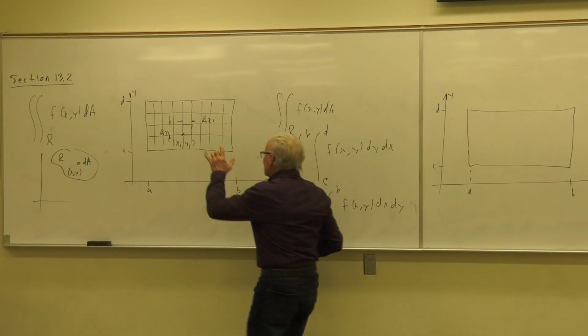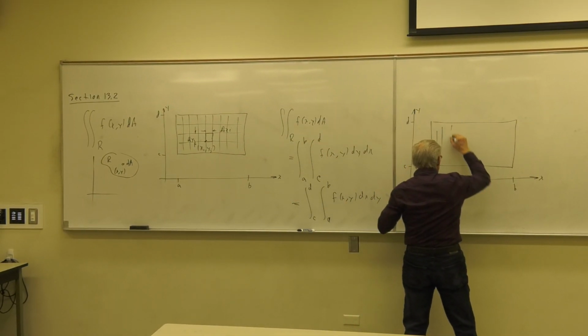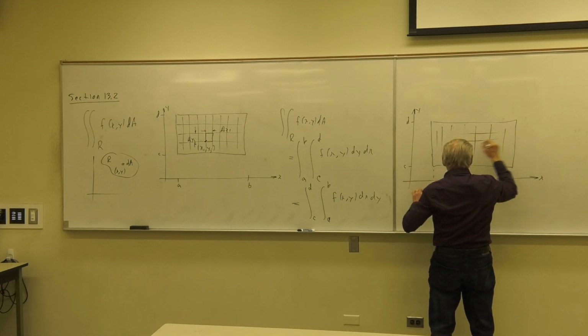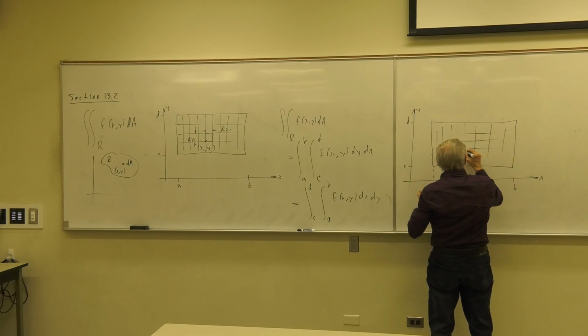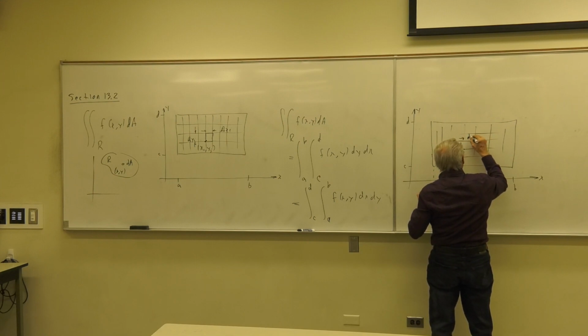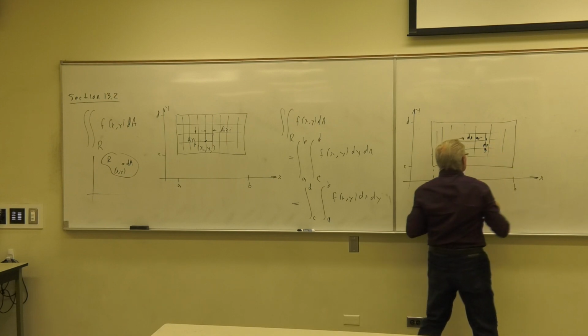I'm going to think of this rectangular division. I'm going to think that we've got all these vertical lines, we've got all these horizontal lines, dividing it up into rectangles, and there's a position x and y. And this rectangle has width dx that way, and width dy that way.